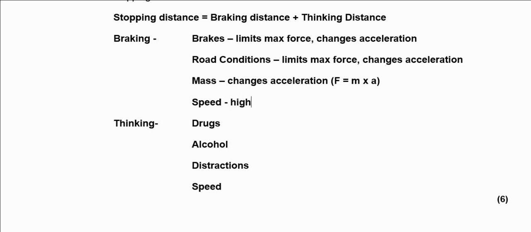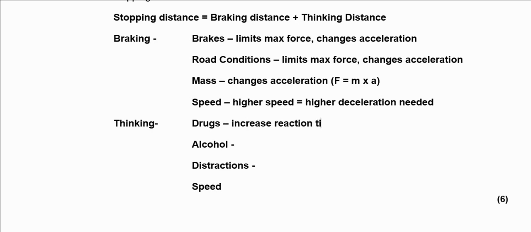How does speed affect your braking distance? Well, higher speed means more acceleration or more deceleration required. Going to thinking distance, drugs, alcohol, and distractions all work in the same way.